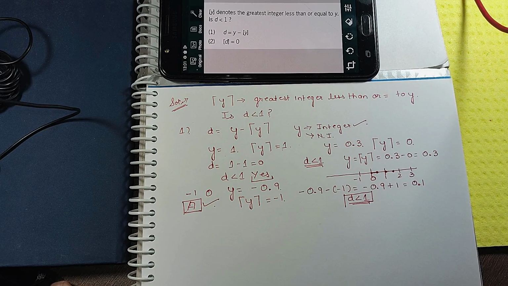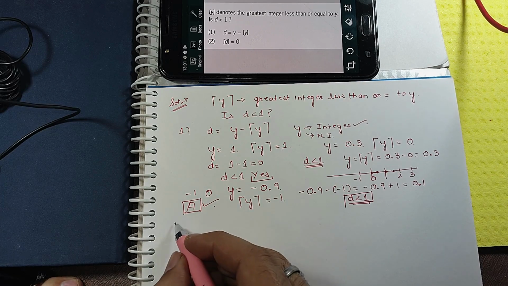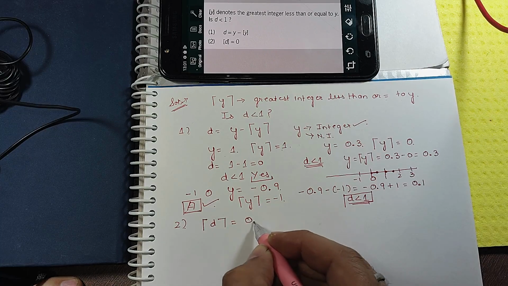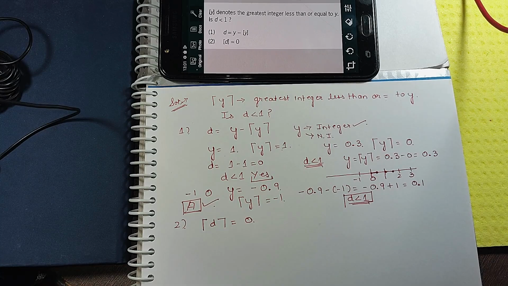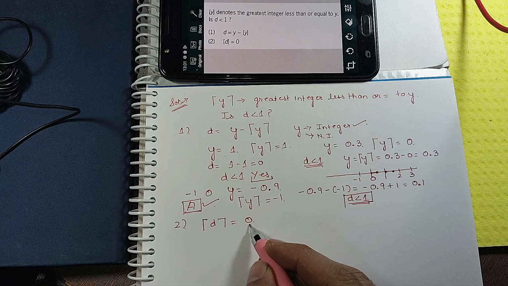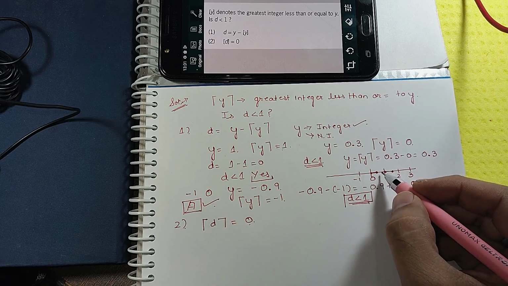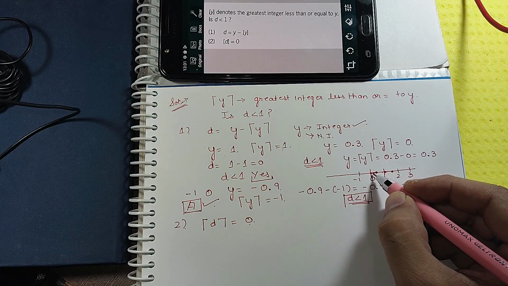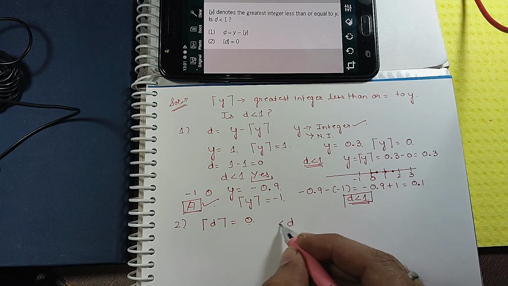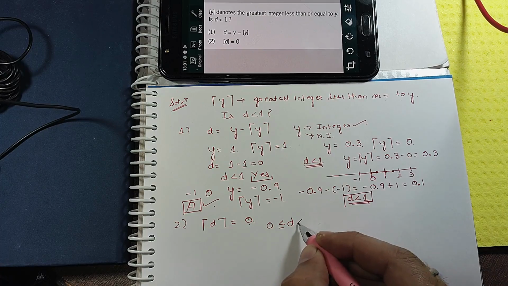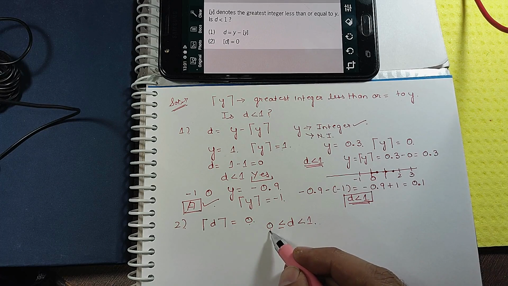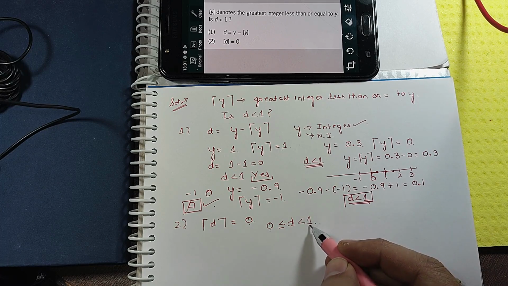Now moving to statement 2. Statement 2 tells me that ⌊d⌋ is equal to 0. Now what does that mean? In what scenarios can ⌊d⌋ be equal to 0? Only when d is greater than or equal to 0 and less than 1. I can write d to be greater than or equal to 0 and less than 1, because if the value is 0, that will be equal to 0, and if it is equal to 0.9, it will be equal to 0.